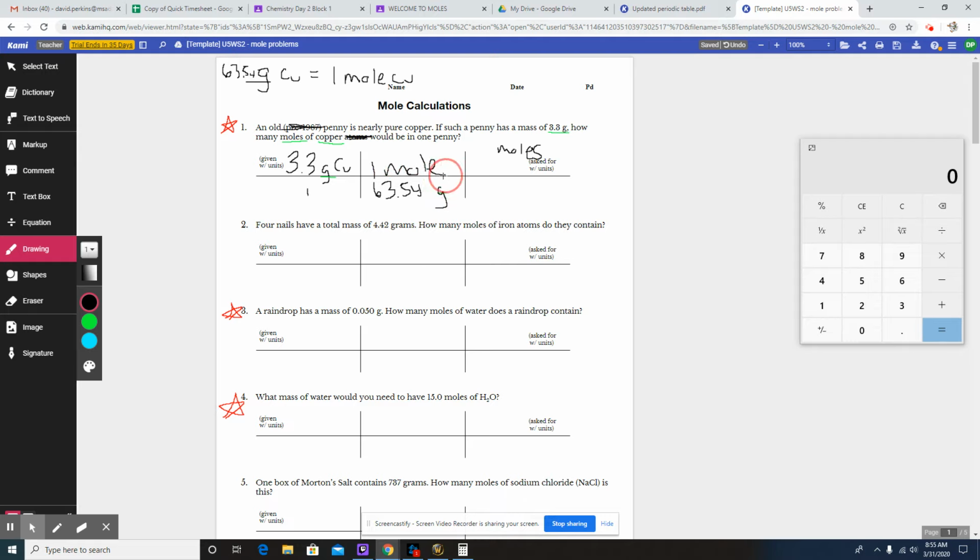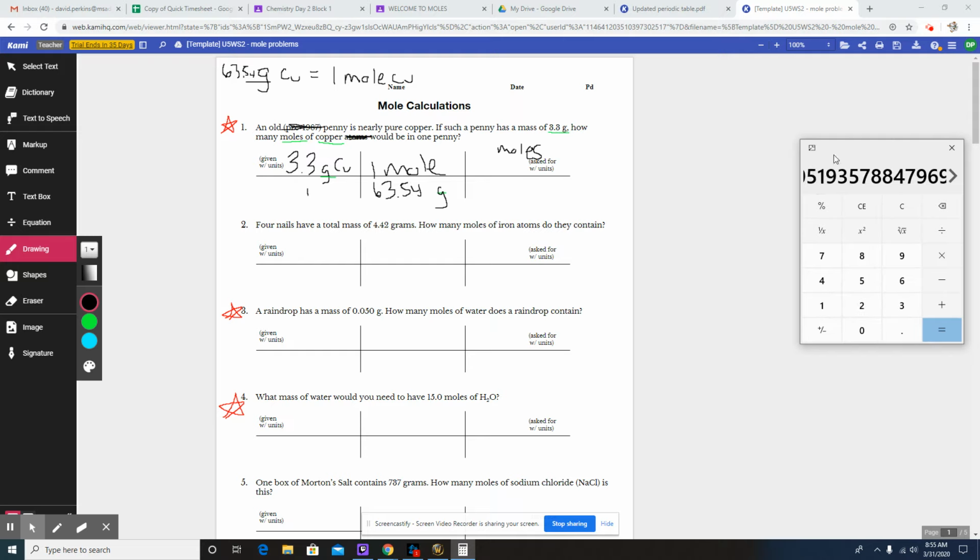So I'll put the 1 mole up top. All right, we multiply across the top, it's 3.3. Multiply across the bottom, it's 63.54. So we're going to take 3.3 because in the end, you divide whatever you have on the top by the bottom. Right? So remember, we multiply, then divide the top by the bottom. So 3.3 times 1, divided by 1 times 63.54, which would be 63.54.